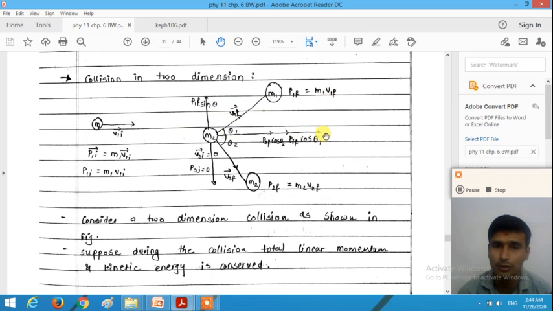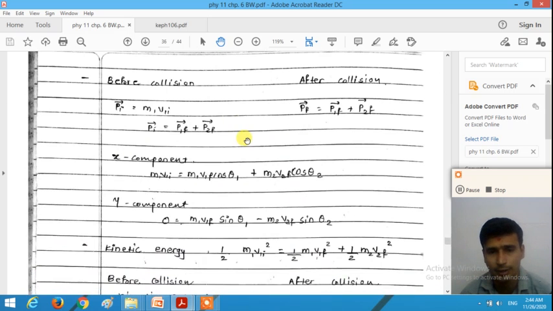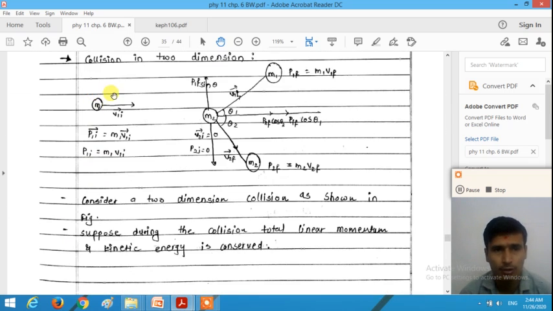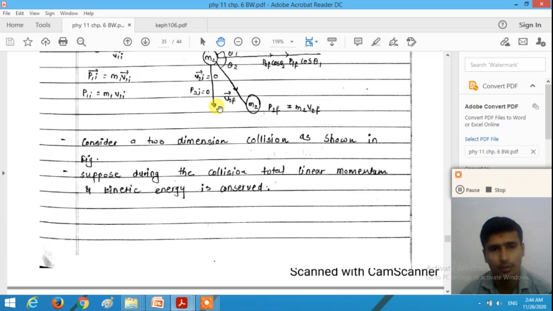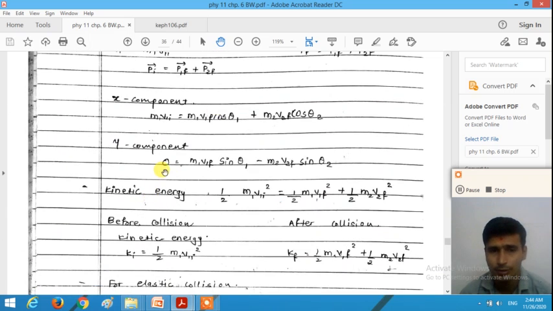So we take the two components of the final momentum, a horizontal component and a vertical component. The x component is m1 v1f cos theta 1 plus m2 v2f cos theta 2. Similarly for the y component: as object 1 is moving in the positive x direction, the y component of the initial momentum is 0, and the y component of the final momentum we can find with the help of sin theta: m1 v1f sin theta 1 minus m2 v2f sin theta 2, right?